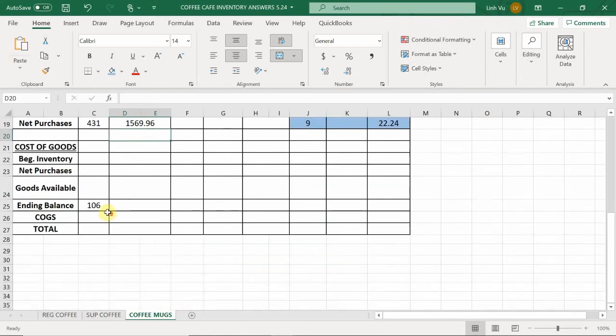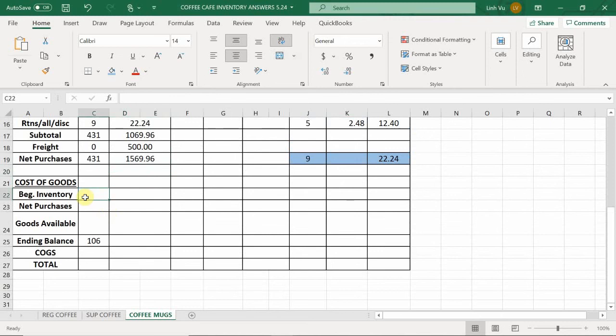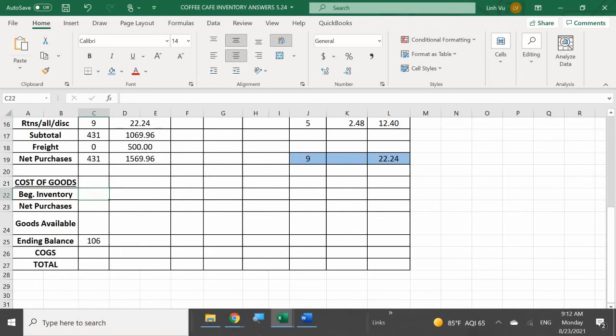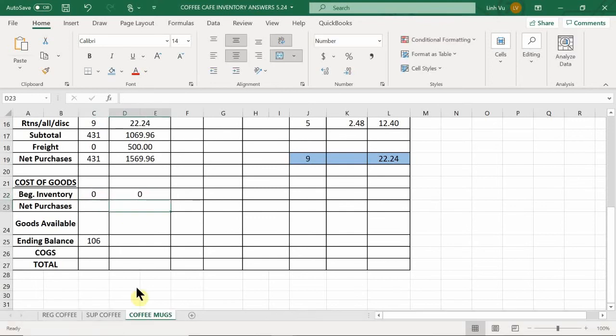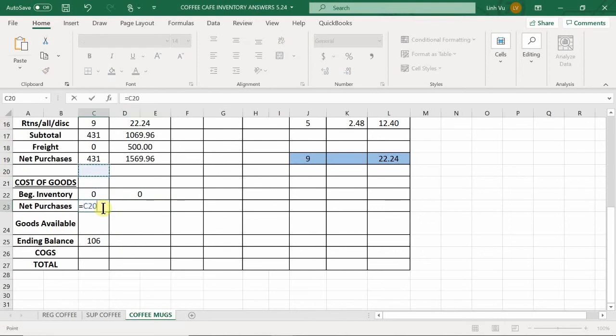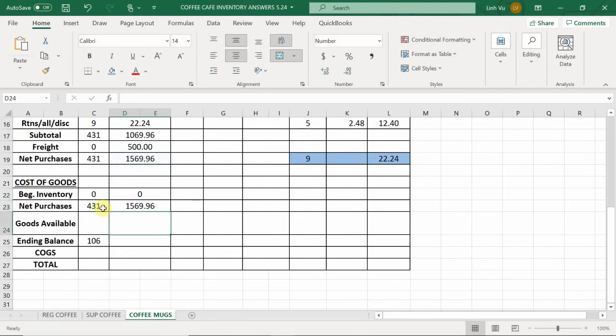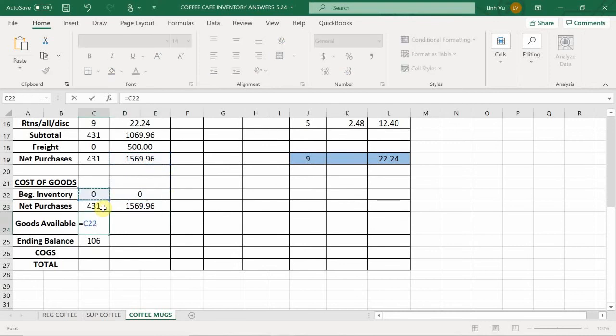Now in this case, did we have beginning inventory? No, we don't have beginning inventory. Okay. We have to copy down our information that we saw for our net purchases, and that's going to become our goods available. You're going to add to the beginning, but in this case, we have no beginning.